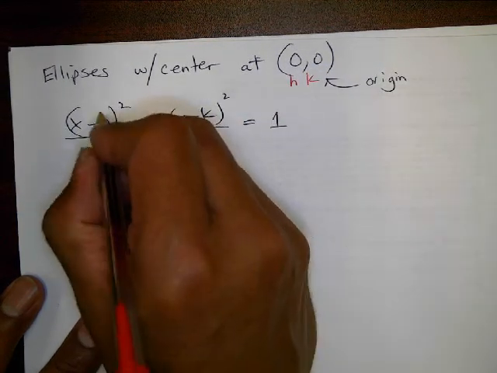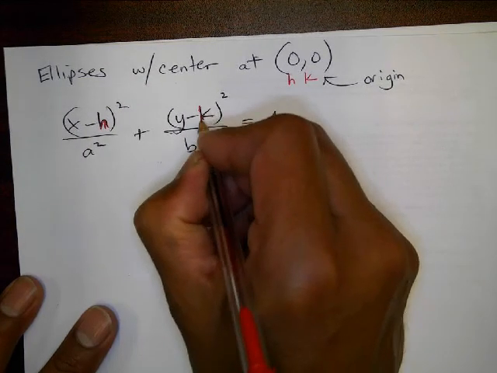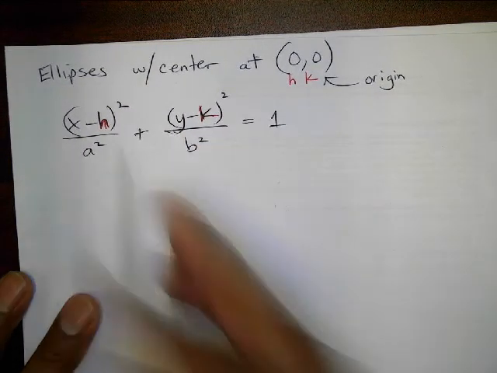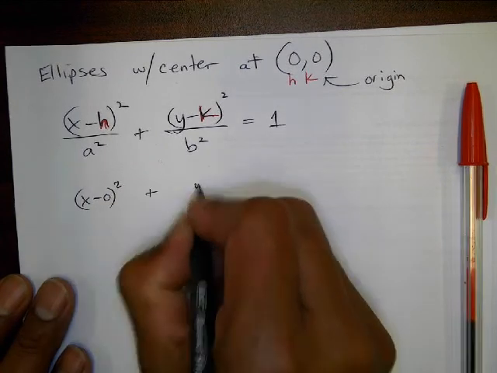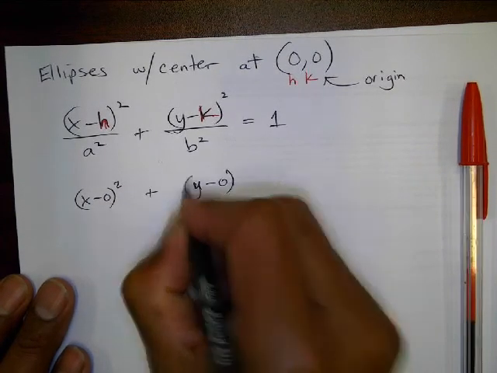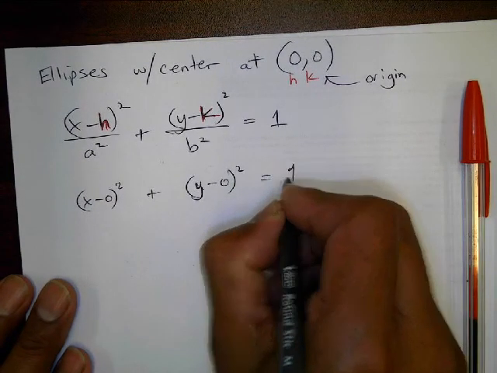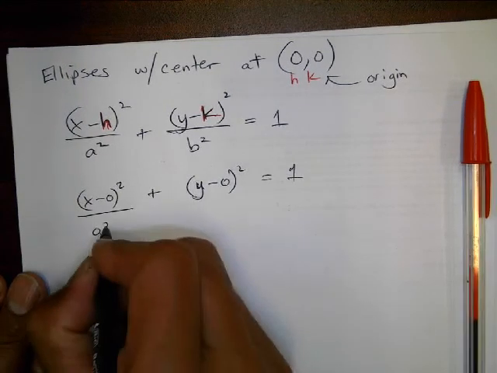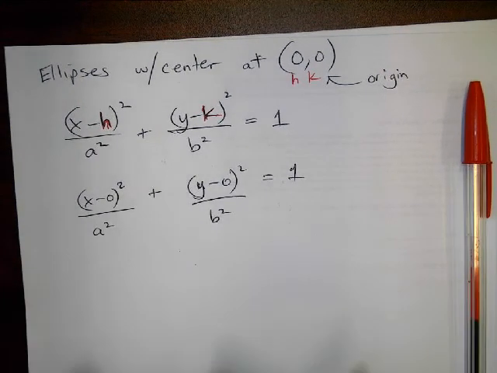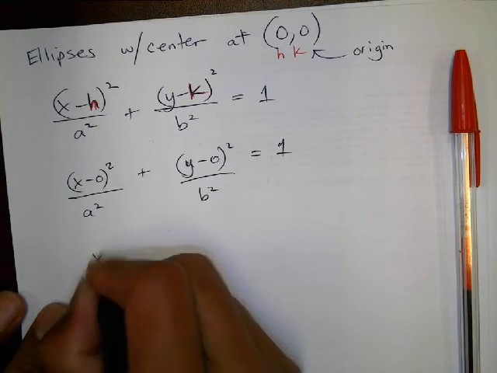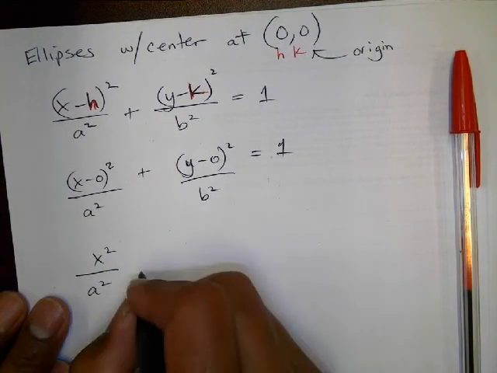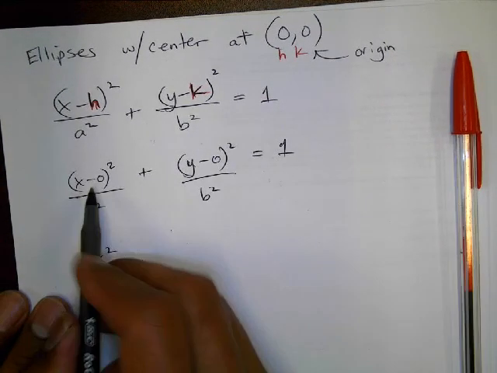The center will be h and k, but since h and k right here are 0 and 0, I'm going to put here a 0: x minus 0 squared plus y minus 0, right? Since the center is 0, 0, then you're really just going to see this.